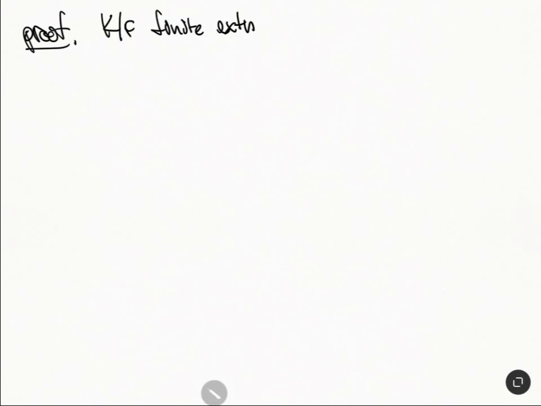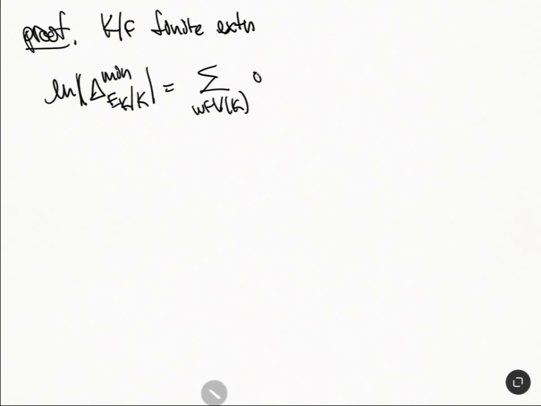For the moment, let's take this Delta min of E_K over K. So this will be the sum over the places of K. What we'll do is we'll take the valuation of the minimal discriminant.